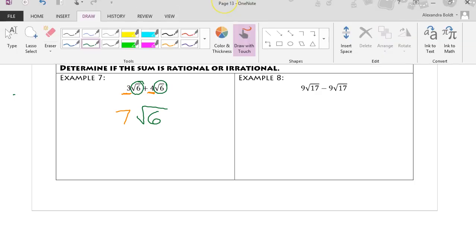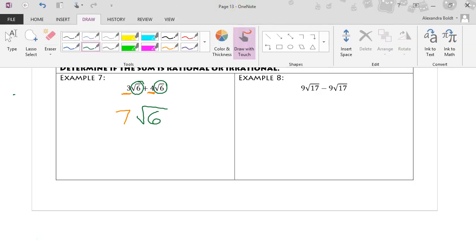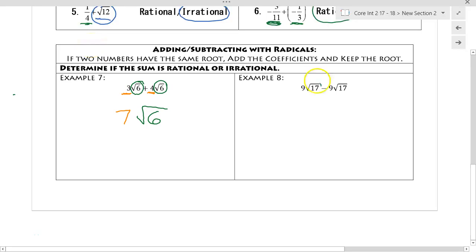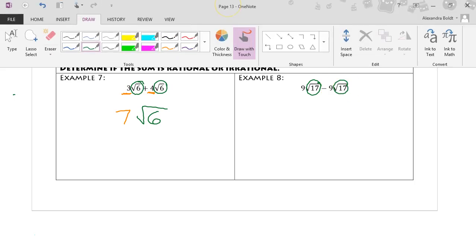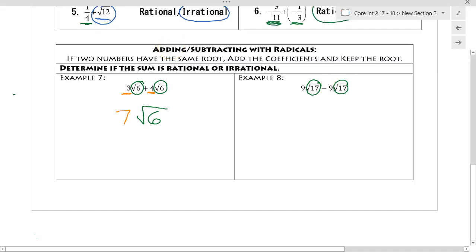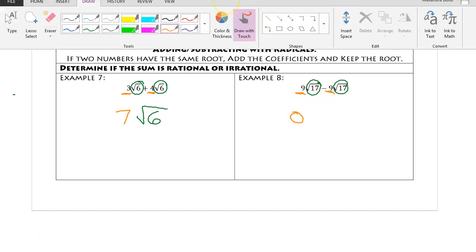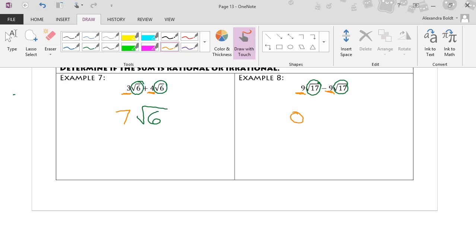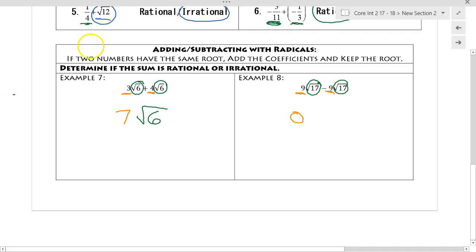Example 8. I have 9 square root 17 minus 9 square root 17. Again, these are the same, so I can combine them. I think about like terms. 9 minus 9 is 0. Square root 17.